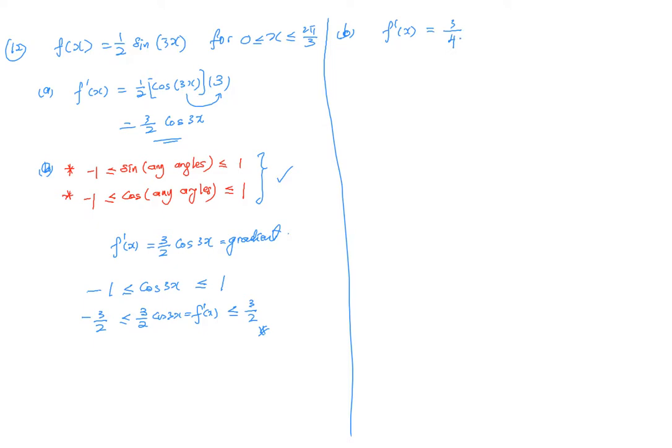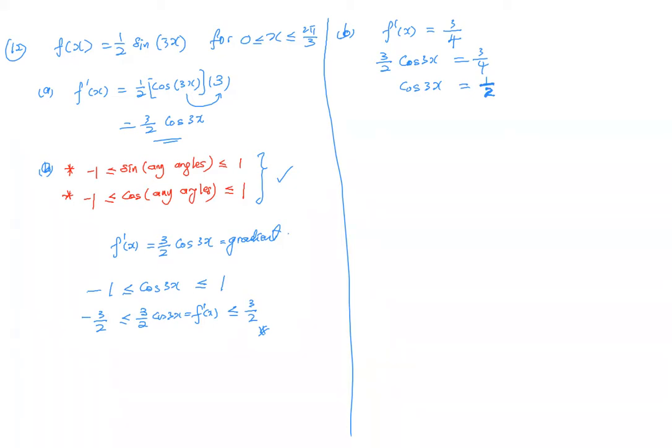So I'm going to solve 3/2 cos 3x is equal to 3/4. So my cos 3x is equal to half. Am I right? So find the exact coordinate of point A.